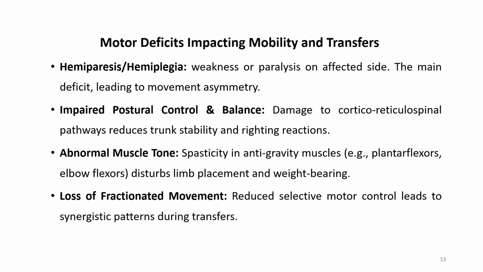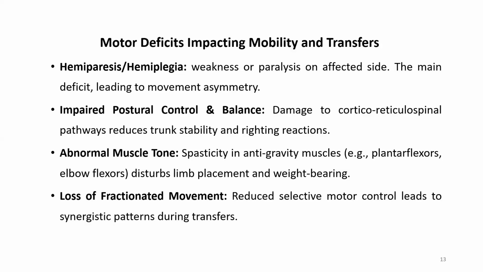either the upper limb or the lower limb. And it also affects how we bear weight on the affected lower limb. So this significantly hampers the individual's ability to perform movements. We also have the loss of fractionated movement, which is one of the motor deficits that affect our mobility.